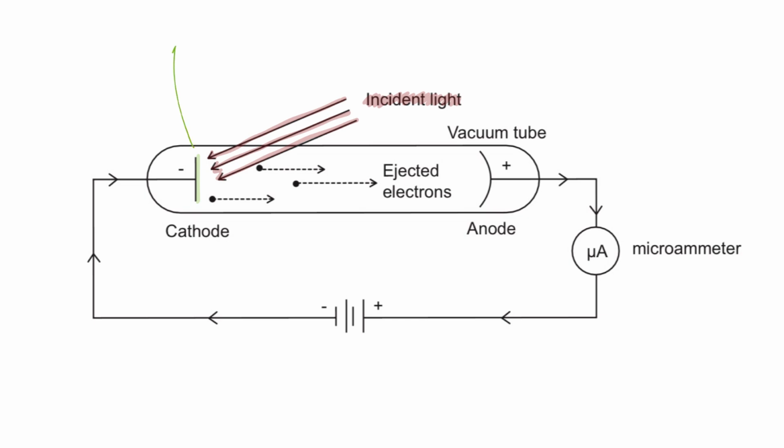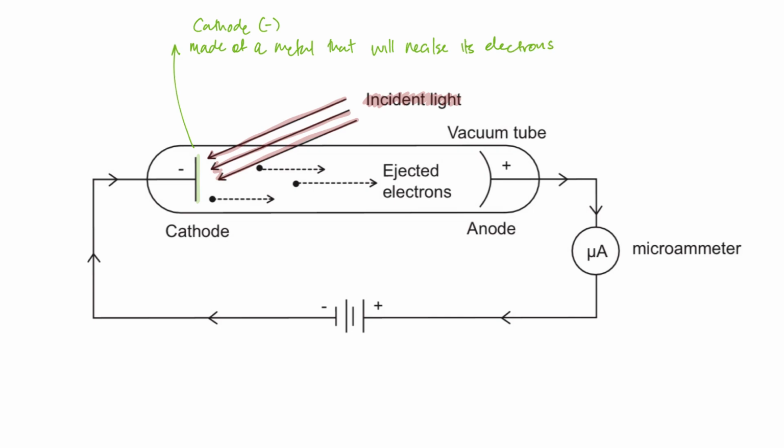The first thing we know about the cathode is it has a negative terminal, and it's made of a metal that will release its electrons.